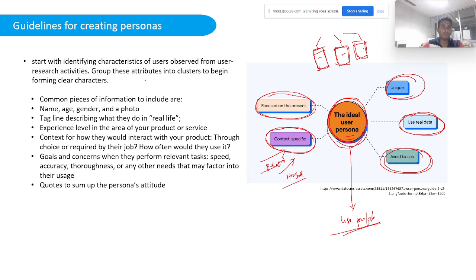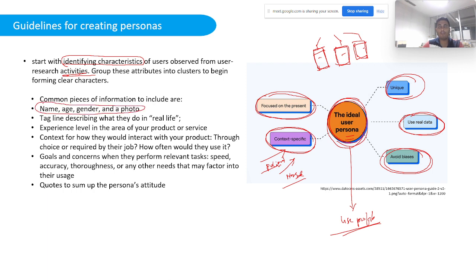The very first thing we do when we create personas is to start by identifying features or characteristics that we observe when we do user research activities. These need to be clustered together to see clear categories and findings. Common pieces of information that we include are name, gender, and photo.